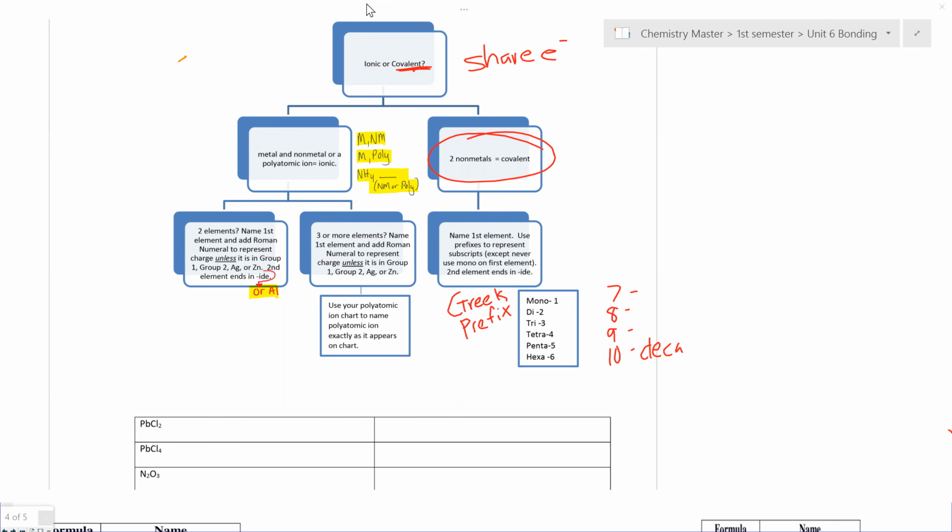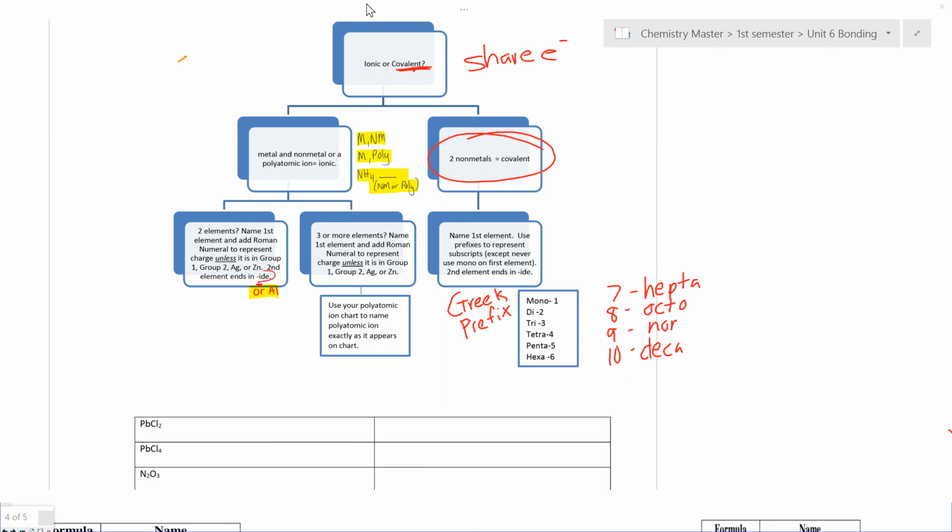Very nice. 7 is close to hexa. It's not quite hexa, but it does start with a HE. It is hepta. Very nice. 8, I think most of us know those. 8 is octo or octa. If you put an A or O, it's fine. And then 9 is nona.